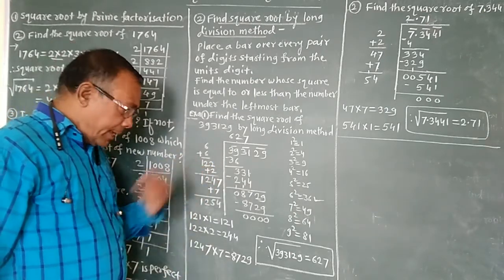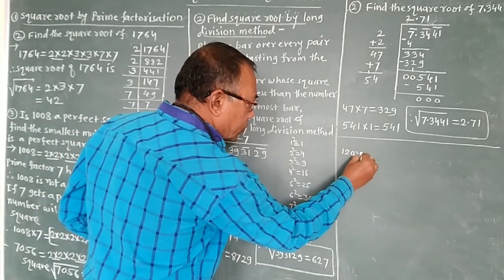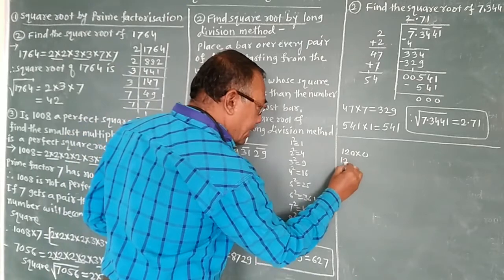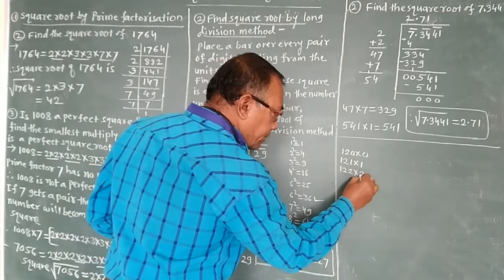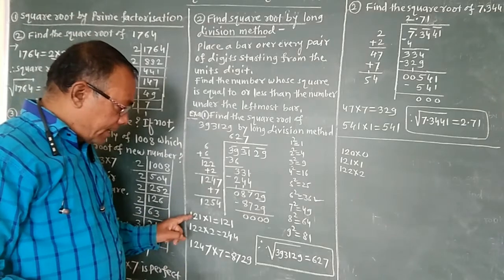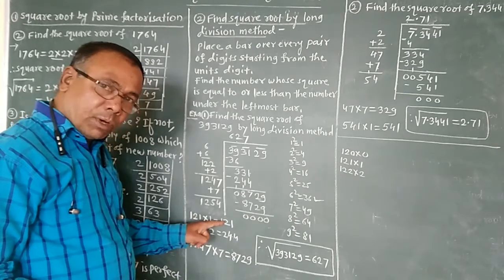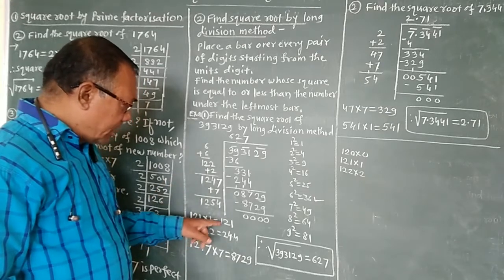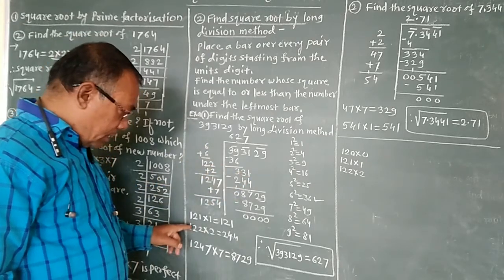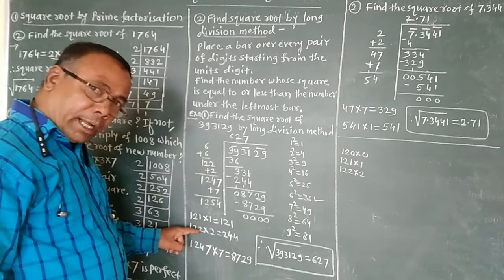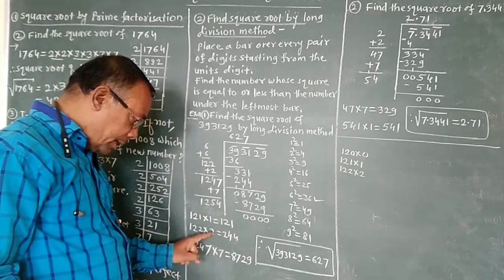Now we have got 12. If we write 0 next to 12, multiply by 0; if we write 1 next to 12, multiply by 1; if we write 2 next to 12, multiply by 2. Here I wrote 1 next to 12 and multiplied by 1, so the product is 121 times 1, which is 121. But here we want a number near 331. So next to 12 I wrote 2 and multiplied by 2: 2 twos are 4, 2 twos are 4, and 2 ones are 2.